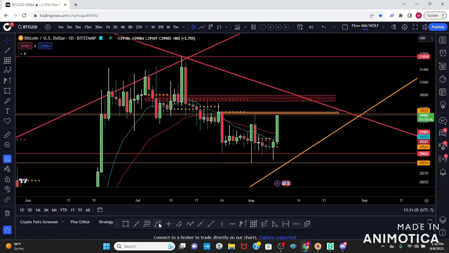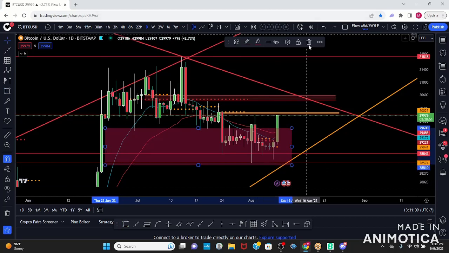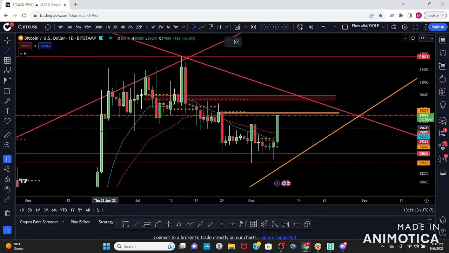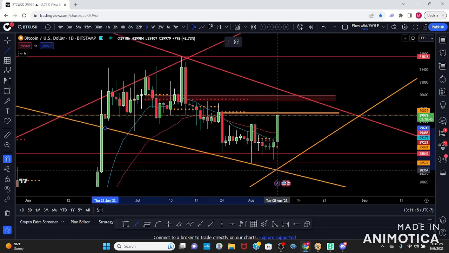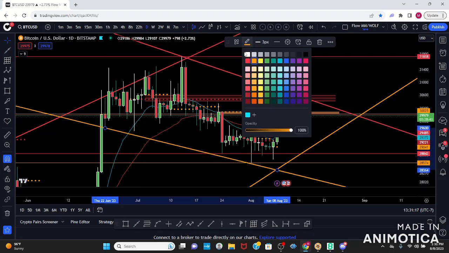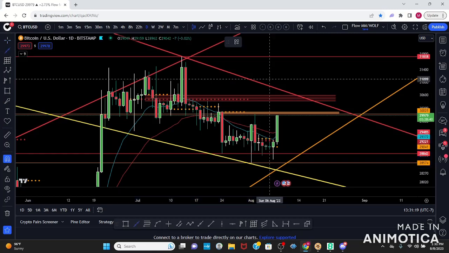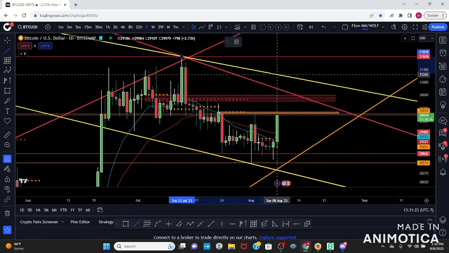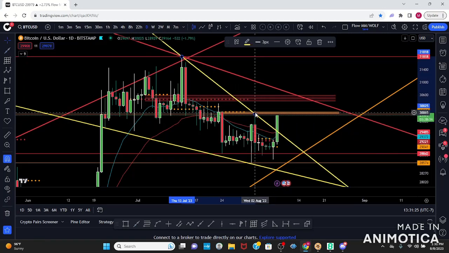And I think for the most part, it could be a bull flag. This is my support.